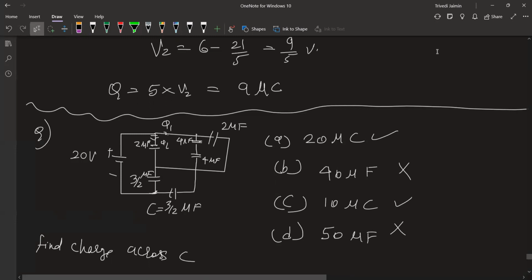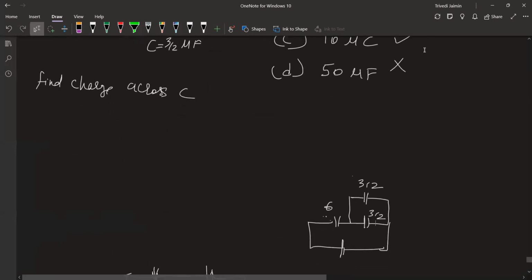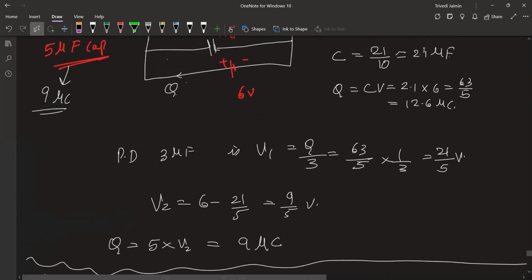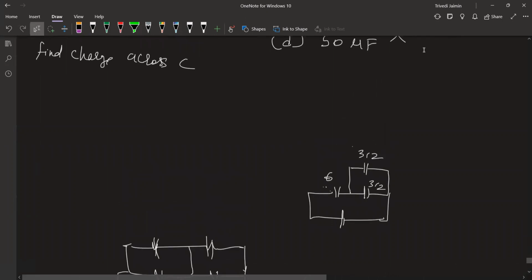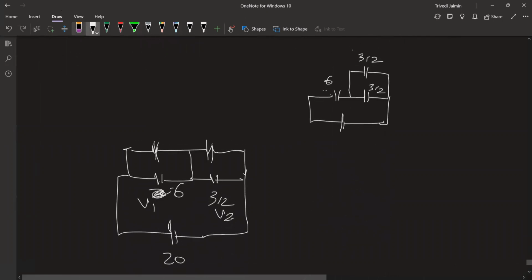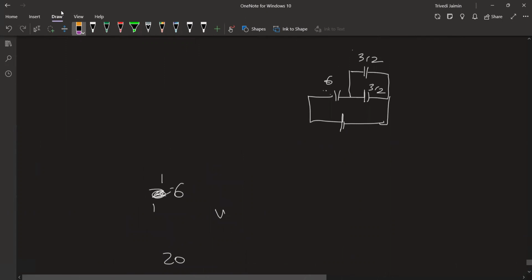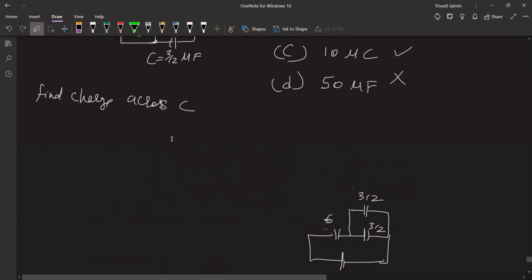But here we don't have 40 microcoulomb. Let me solve it. Six, 5. Here we don't have an option like this. We have 40 microfarad.